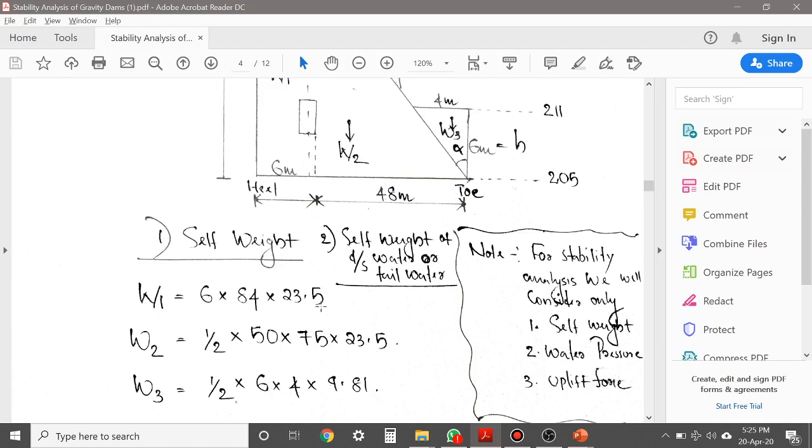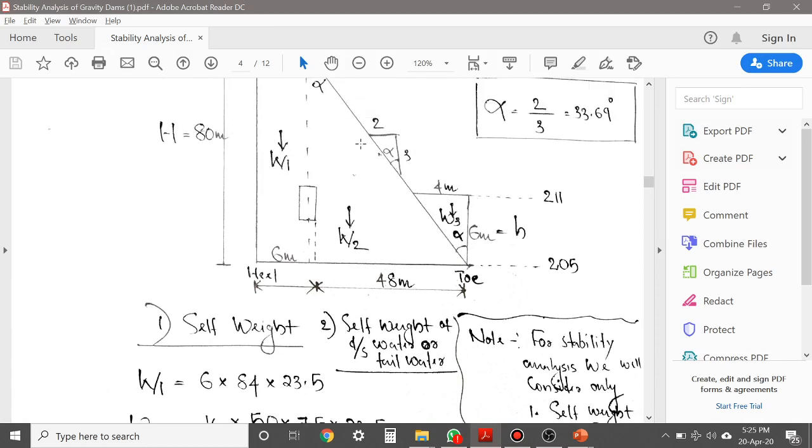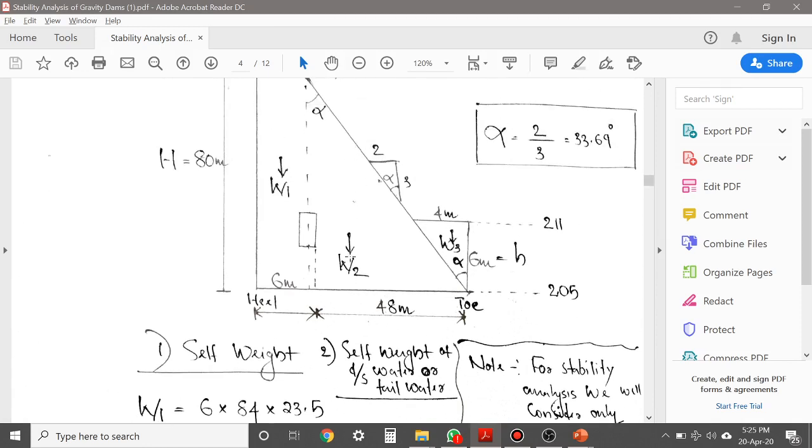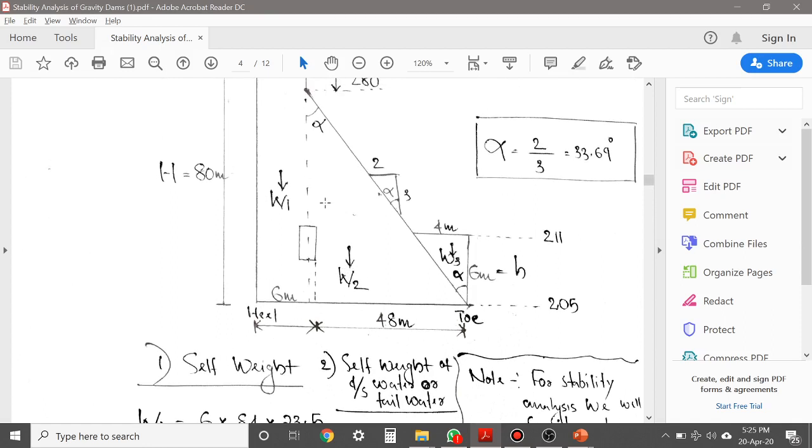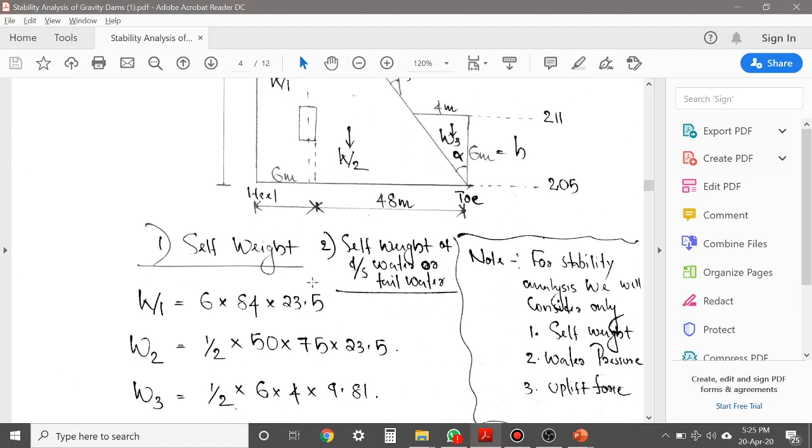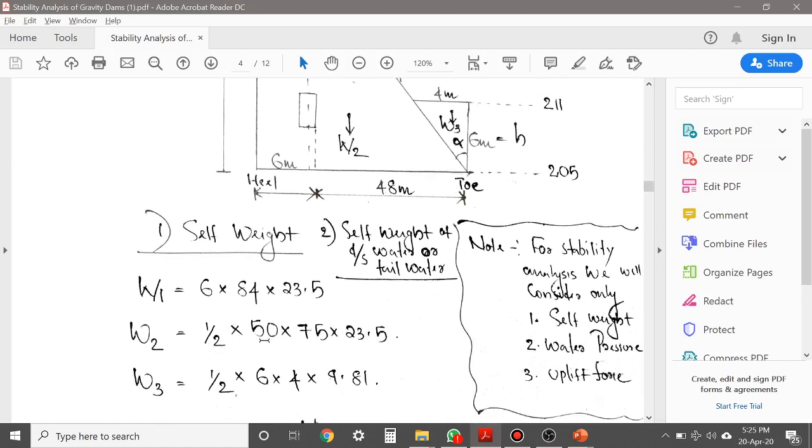So this is W1. Similarly, in order to calculate W2, you know that it is a triangular shape and area will be half into BH. You can see the base and height, that is half into base into height into 23.5 will give you W2.